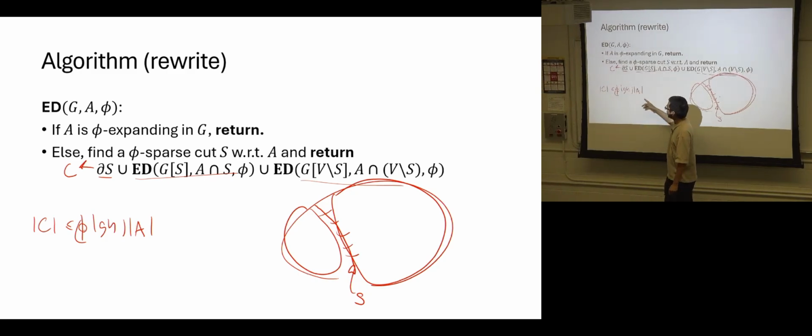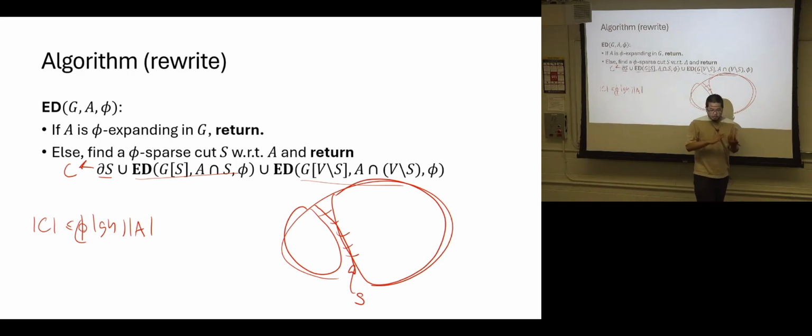Each node weighting is charged by this factor phi because it's phi sparse, and each node weighting unit is charged log n times because you charge to the smaller side.